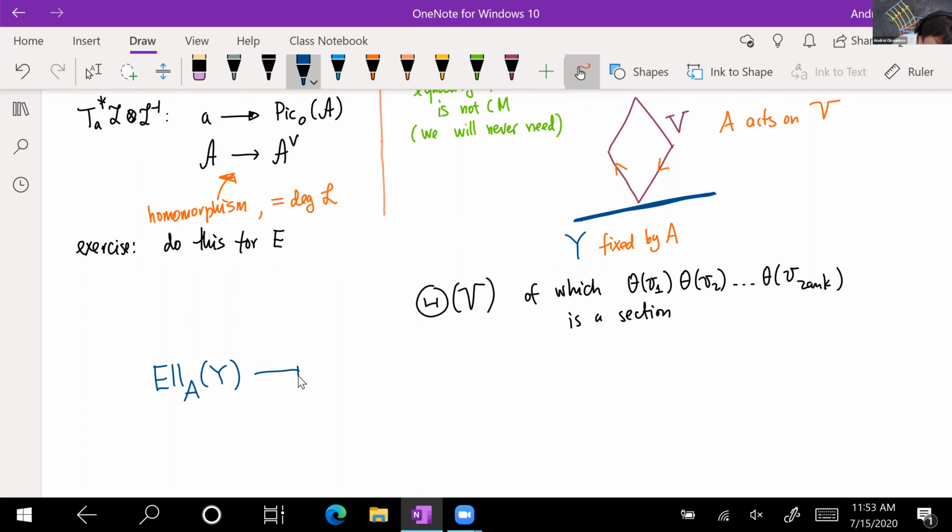This is going to go to elliptic GL_R or U_R equivariant cohomology of a point, and so this is the R-th symmetric product of E. So this is where this point V1 through VR lives, so the rank maybe called R.